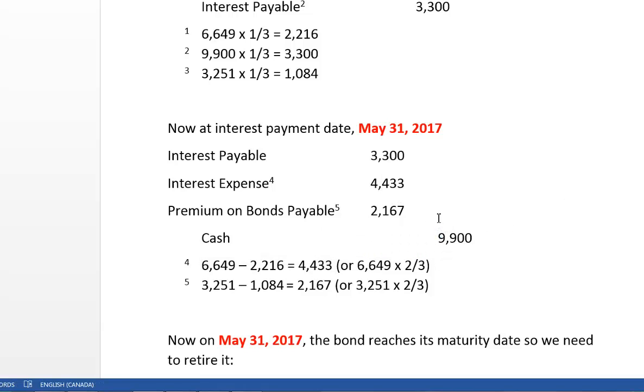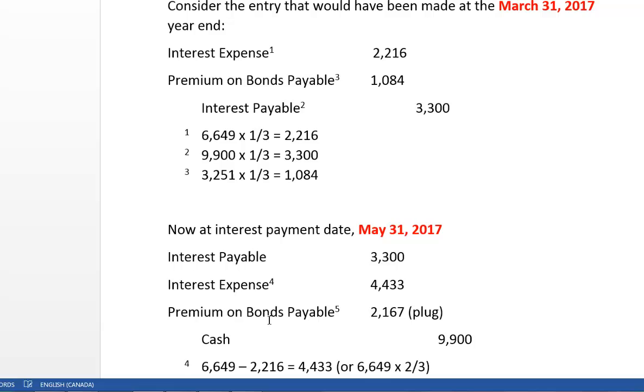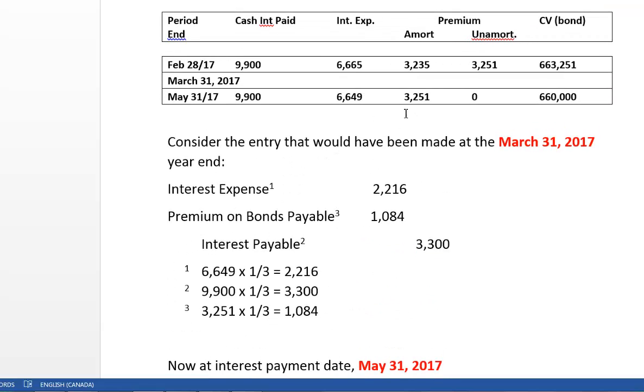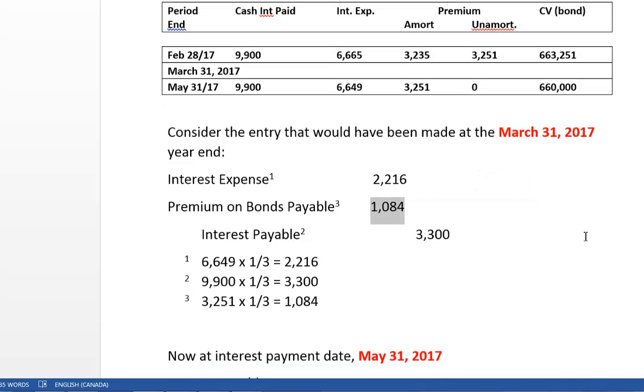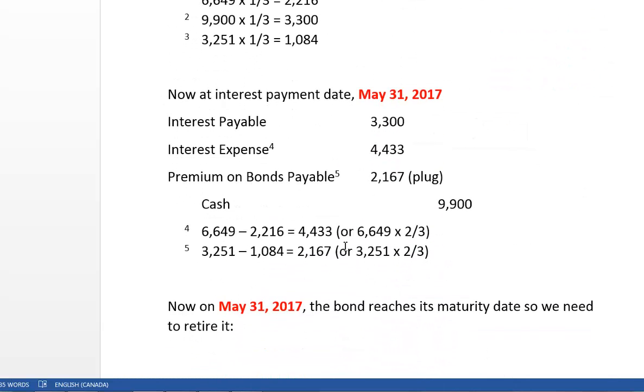Now, you could plug this to balance, or you could do a calculation. You know that you would be amortizing premium of $32.51 for the whole 3 months. You've just amortized $10.84 for 1 month. So the difference is $21.67, so I can put that in there, and this will balance the entry.